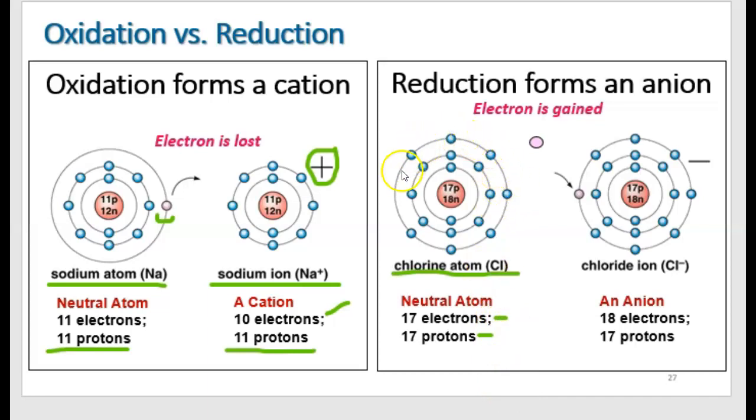That puts 7 in the outer orbital, meaning there's room for one more to make that valence orbital completely stable due to the octet rule, holding 8. So an electron is gained. Now this is a stable structure. The valence orbital is stable, and we call it an anion because there are more electrons than there are protons, meaning there's more negative charges than there are positive charges.